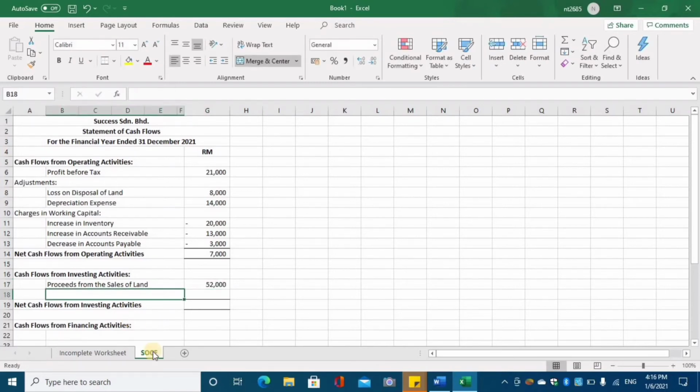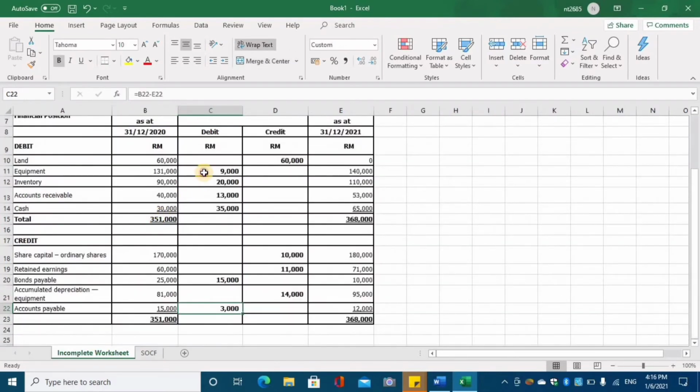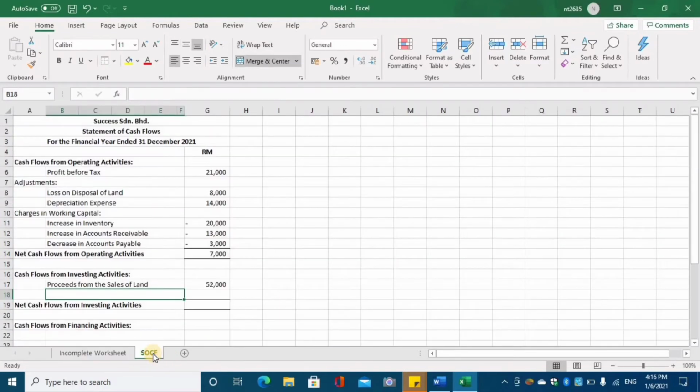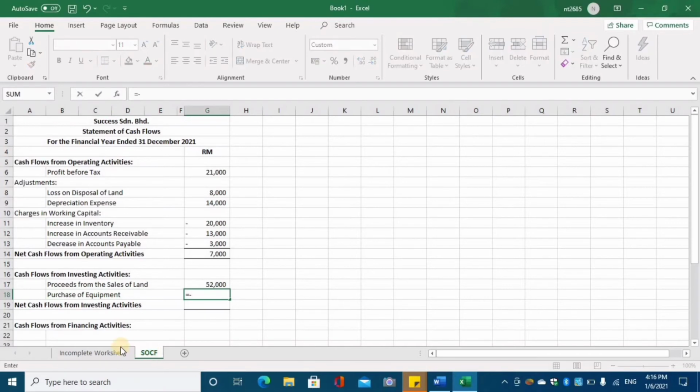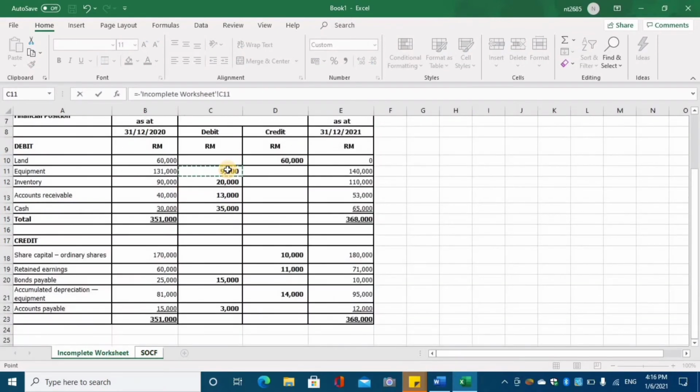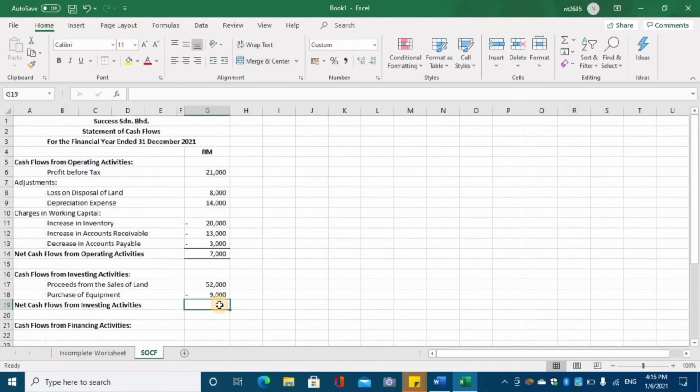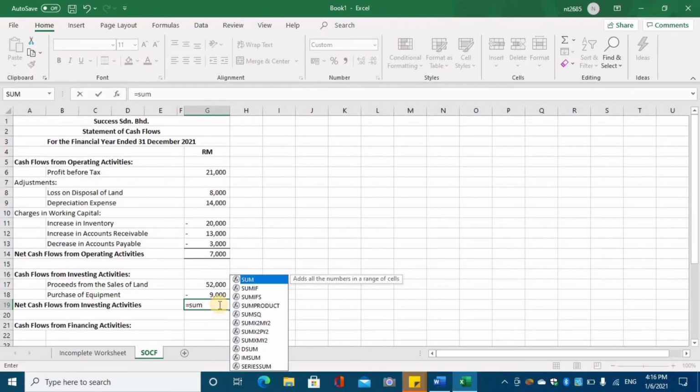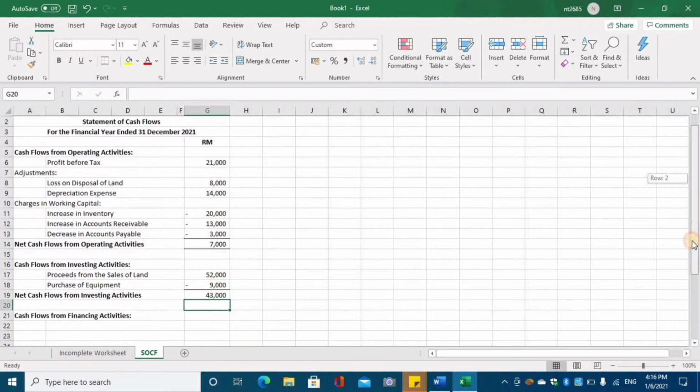Next is here purchase of equipment. Purchase of equipment, we minus 9,000. Sum up to get net cash flow from investing activities. So we will sum 52,000 with minus 9,000, we get 43,000.